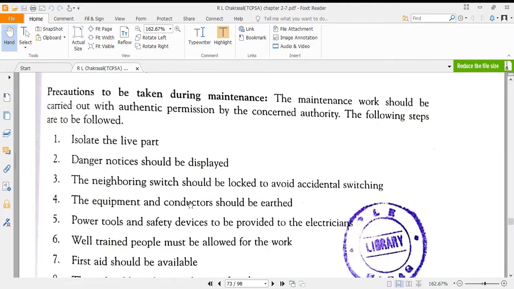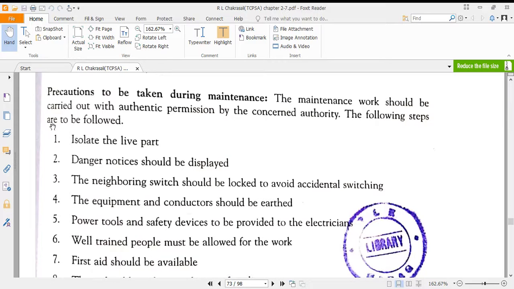Precautions to be taken during the maintenance. Everybody is not authorized to maintain the switchgears. So authentic permission has to be taken from the concerned authority before the maintenance work is carried out.